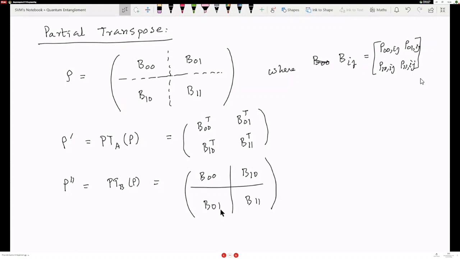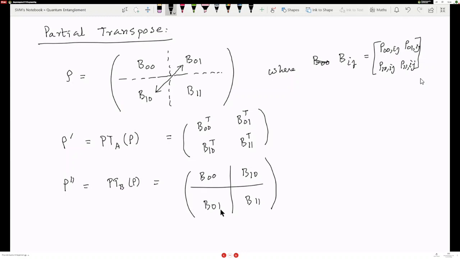This block will go here and this block will come here. This is a transpose considering the block as an element. This is how the partial transpose is constructed.